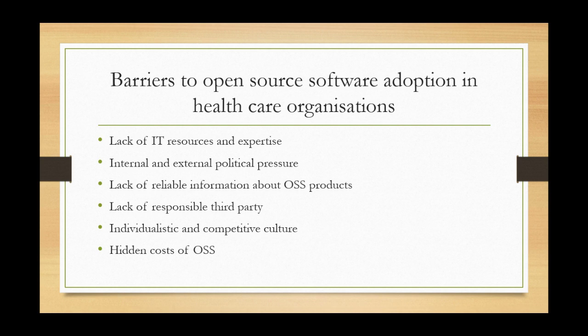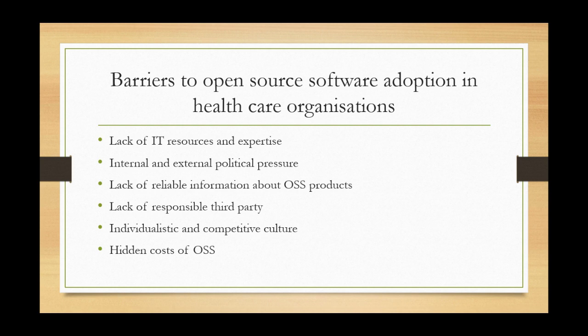Another external pressure is from the general population regarding the priorities for the use of healthcare funds. As we know, healthcare funds have a number of users, so some people, especially politicians, may come out and say, why do you use public funds for such information systems that in the end will die?